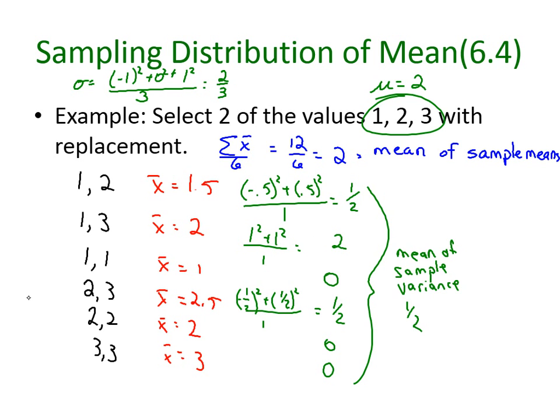Oh, shoot. No, I did do that. I squared those. X minus the means squared. Adding all those up and dividing by the n minus 1.